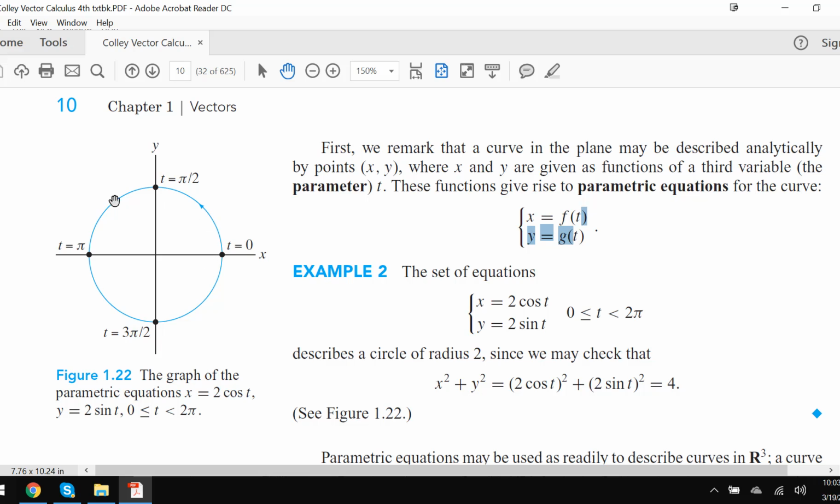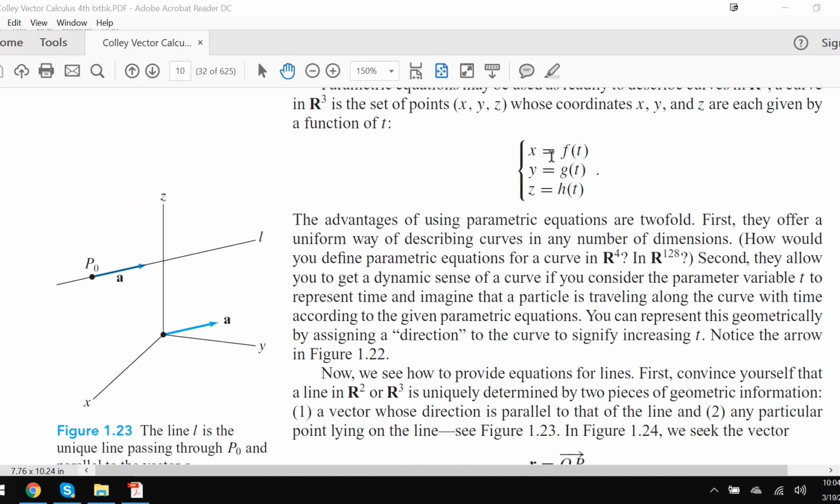So these 2 equations together can be called the parametric equations for this circle. And remember, the parametric equations are not unique. You can have other equations which would also be parametric equations for the same circle. And this was just to say that if you're in R3, you would have parametric equations like that.